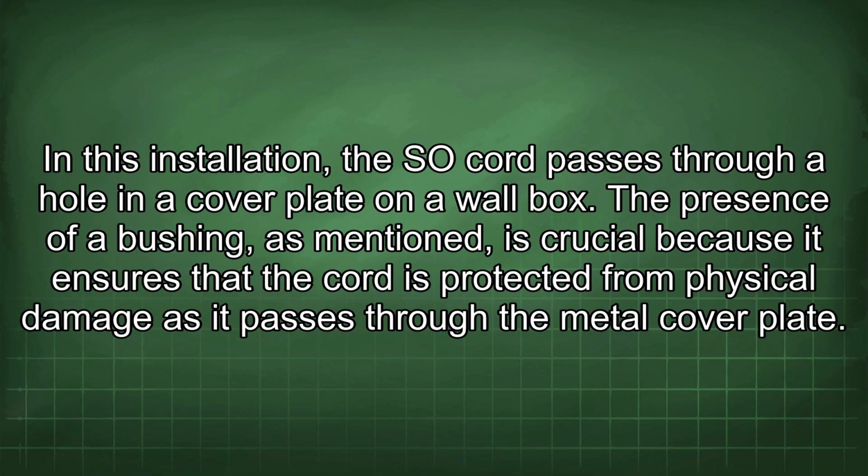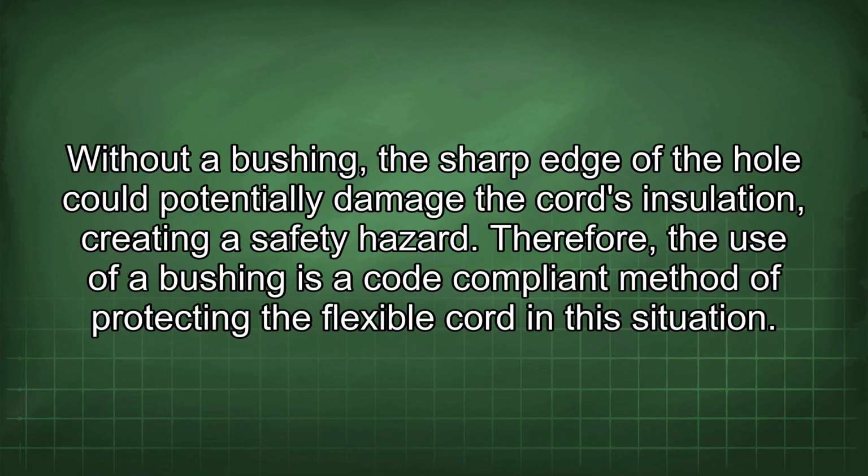The presence of a bushing, as mentioned, is crucial because it ensures that the cord is protected from physical damage as it passes through the metal cover plate. Without a bushing, the sharp edge of the hole could potentially damage the cord's insulation, creating a safety hazard. Therefore, the use of a bushing is a code-compliant method of protecting the flexible cord in this situation.